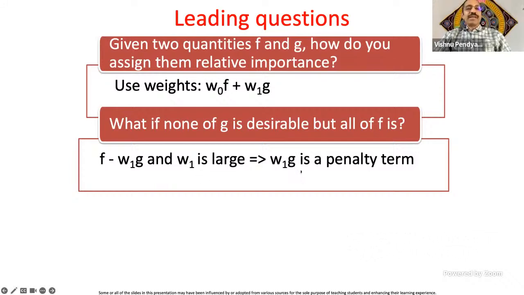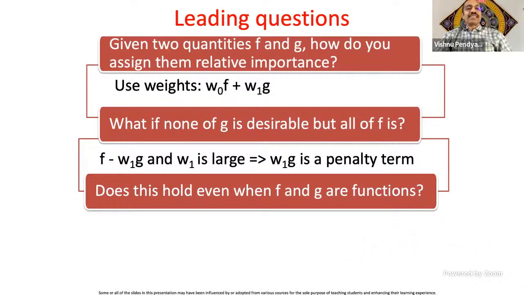So W1g, in that sense, acts like a penalty term, right? W1g is a penalty term which will penalize the term f minus W1g when we want g to be as minimum as possible.